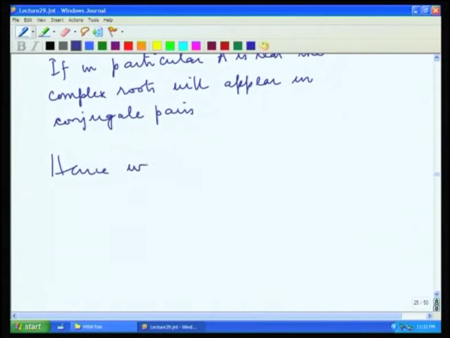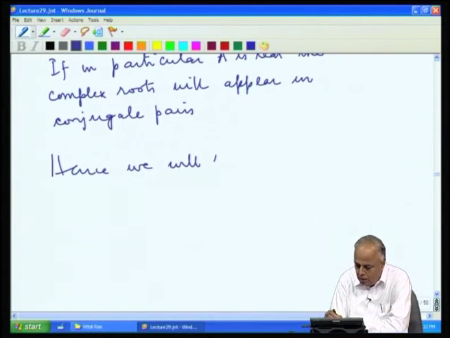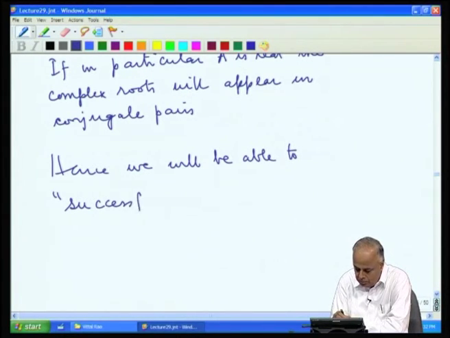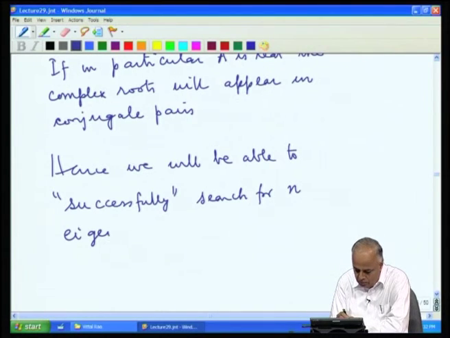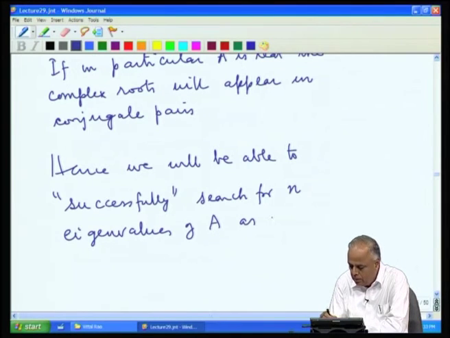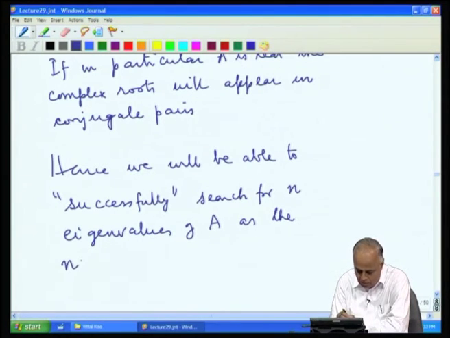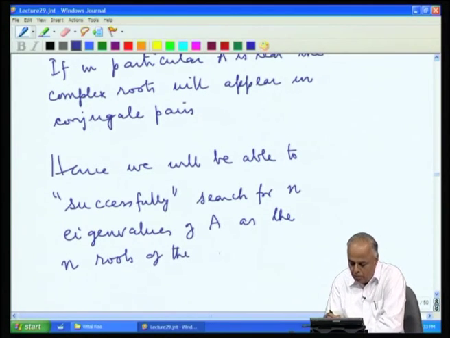Hence, we will be able to successfully, we will see what is meant by successfully, search for n eigenvalues of A as the n roots of the characteristic polynomial.